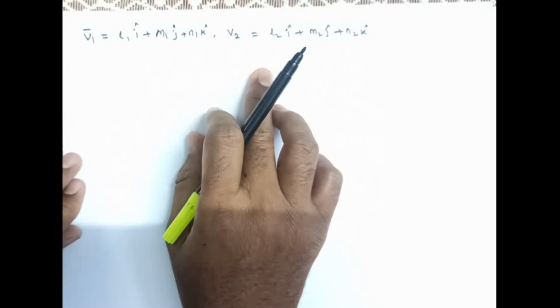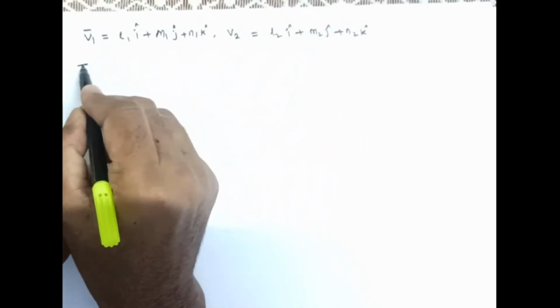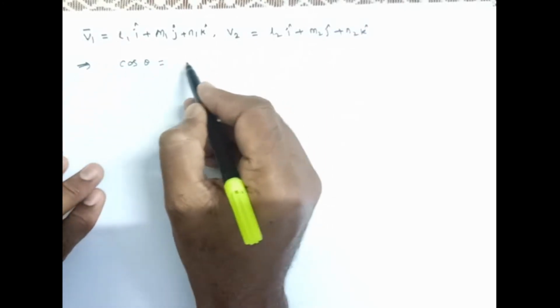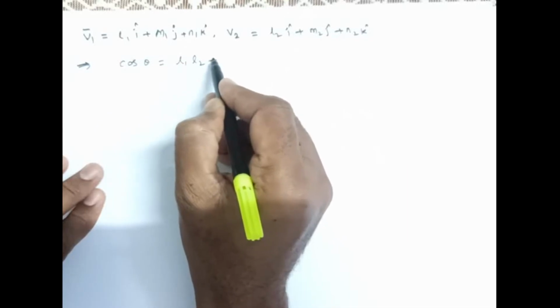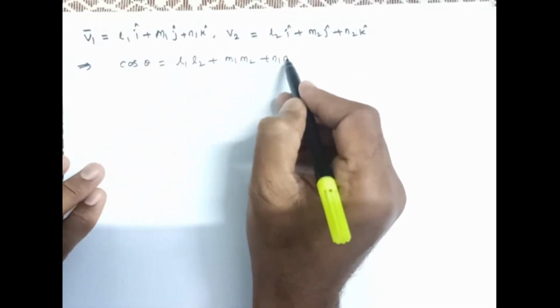So if you want to find the angle between these two vectors, it will become cos theta is equal to L1 L2 plus M1 M2 plus N1 N2.